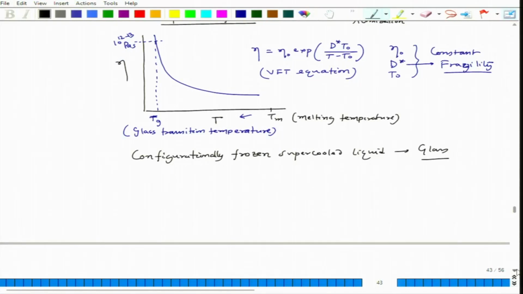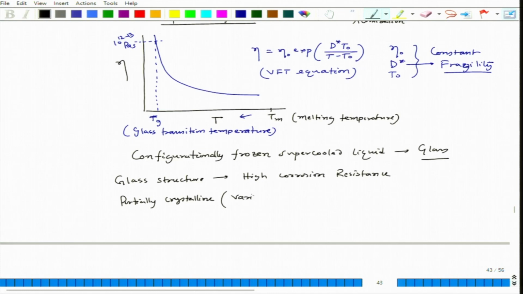So, the common consensus is: glass structure, high corrosion resistance; and partially crystalline, with various degrees of amorphous phase, okay, corrosion resistance drops.